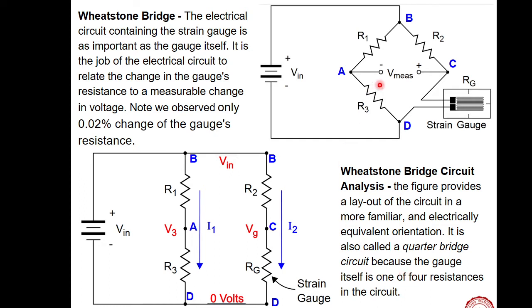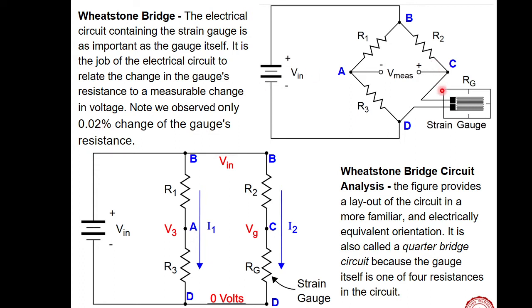Now, what is shown here is the layout, which is used to measure a quite small change in the resistance of the strain gauge. We observed in our last lecture that for a particular application with 100 microstrain, the percent change in the gauge resistance was only 0.02%.